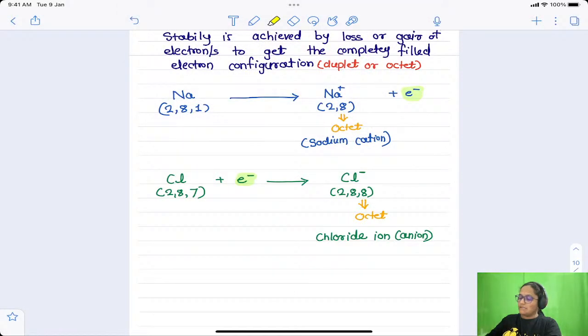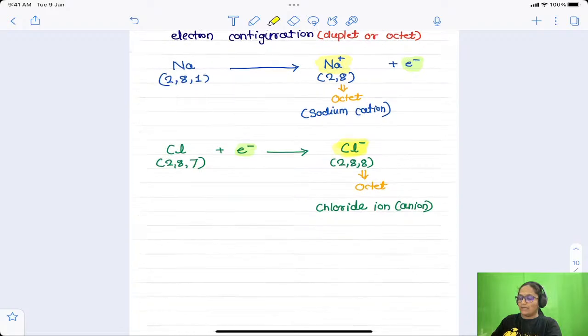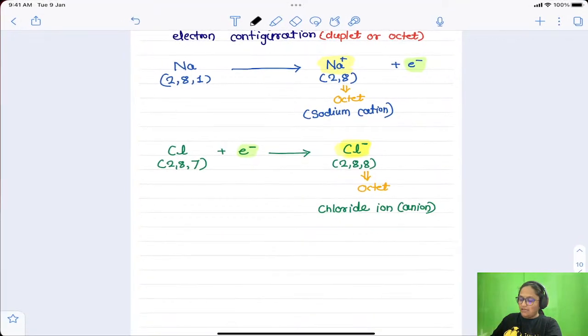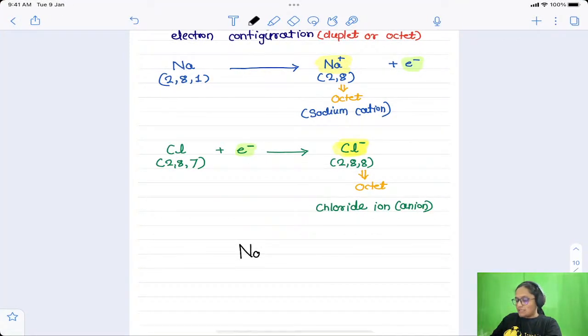Now this Na plus ion and this Cl minus ion, both of them have the stable configuration, octet completed, right? Now they will come closer to each other because they are oppositely charged, right? Na has positive charge and Cl has negative charge.